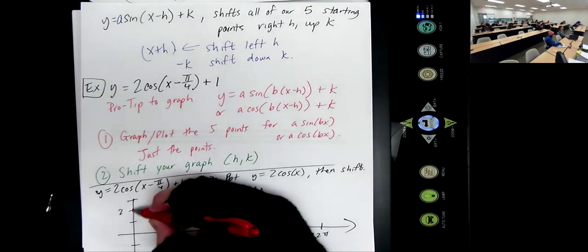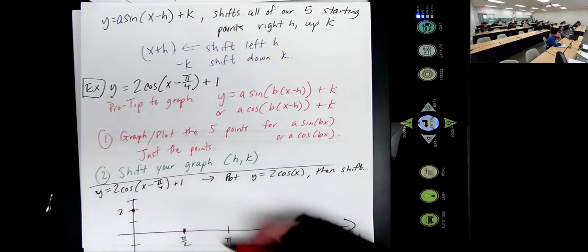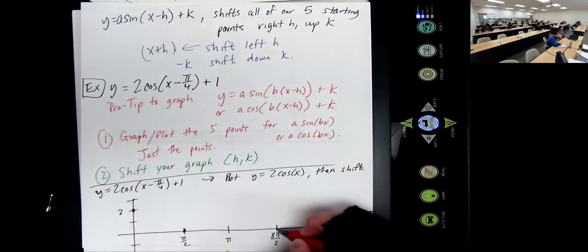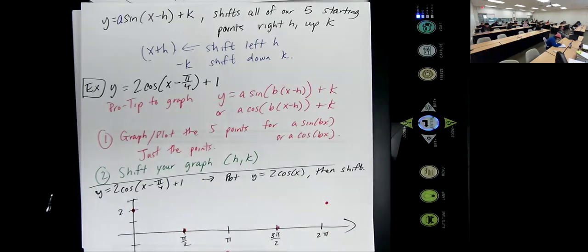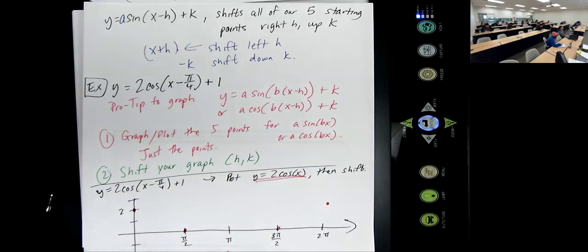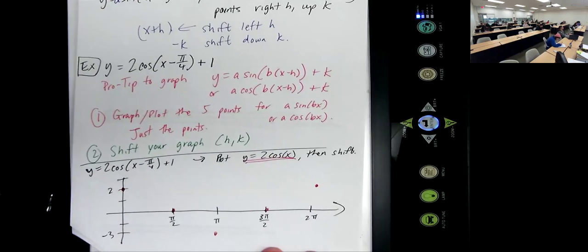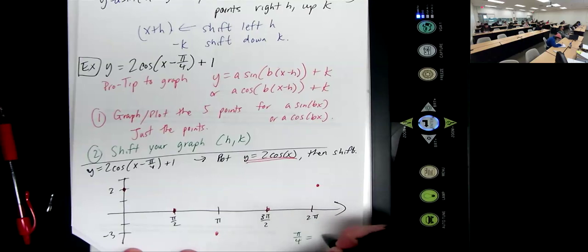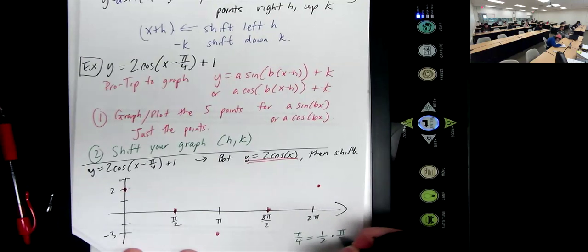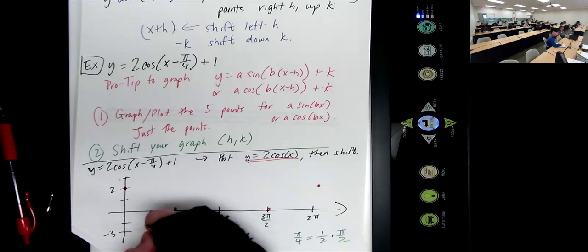So cosine, we said, started up high and is gonna do this. Those would be, I did this in red, y equals 2 cosine x. Now pi over 4 is 1/2 of pi over 2, which means pi over 4 is half the distance to pi over 2.